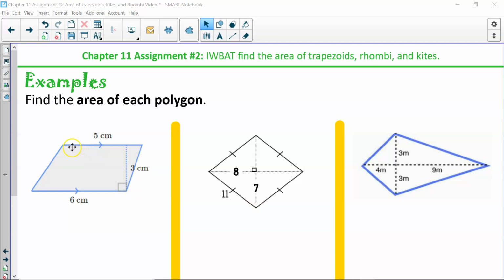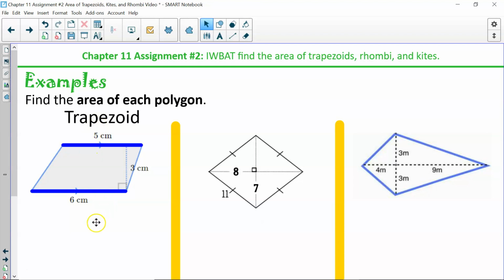But notice that one of the parallel sides is 5 centimeters. The other parallel side is marked as 6 centimeters. And we know that a parallelogram would not only have opposite sides parallel, but those lengths would be equal to each other. So this is not a parallelogram. This, in fact, is a trapezoid.